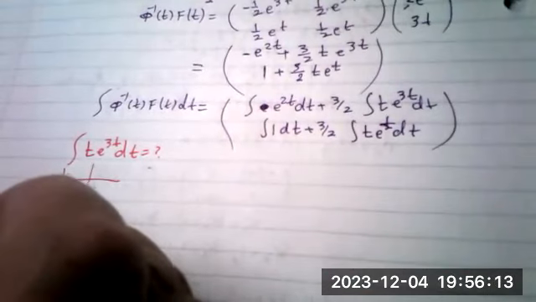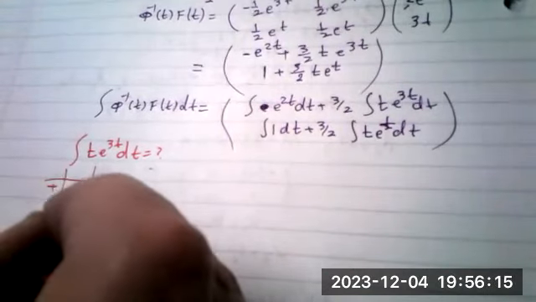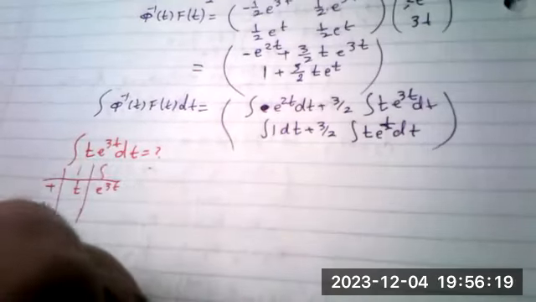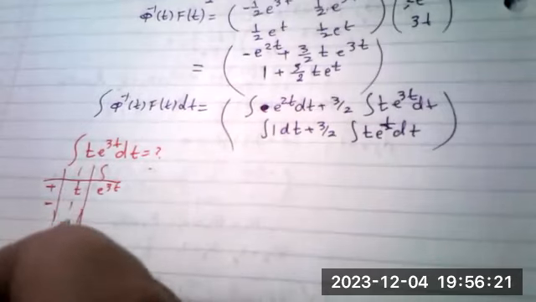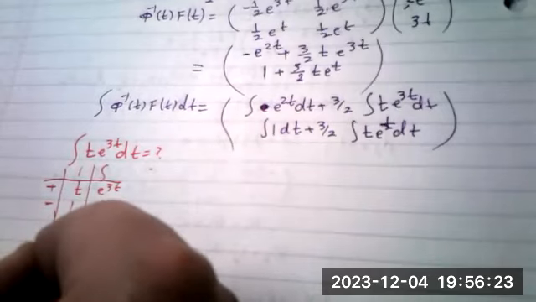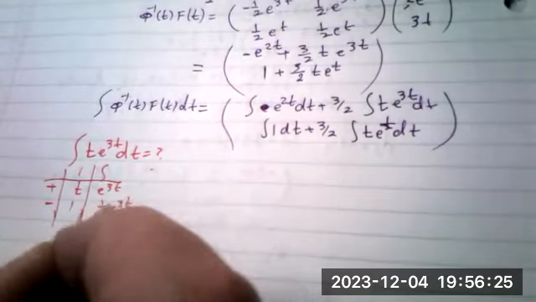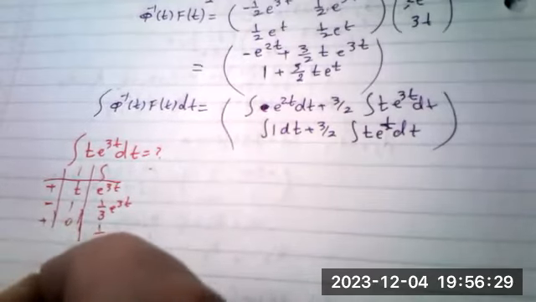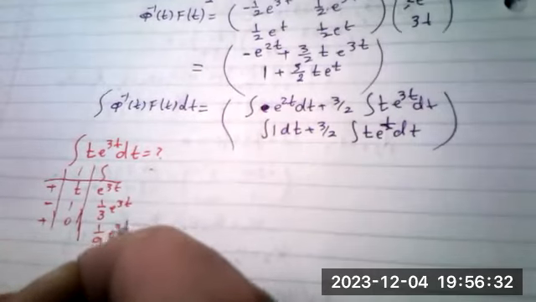Remember, this is going to be positive. I put the t e to the 3t. Differentiate, integrate. So that will be negative 1. Integrate this one, that gives you 1/3 of the e to the 3t. You continue, that gives you 0. Integrate it again, 1/9 e to the 3t.